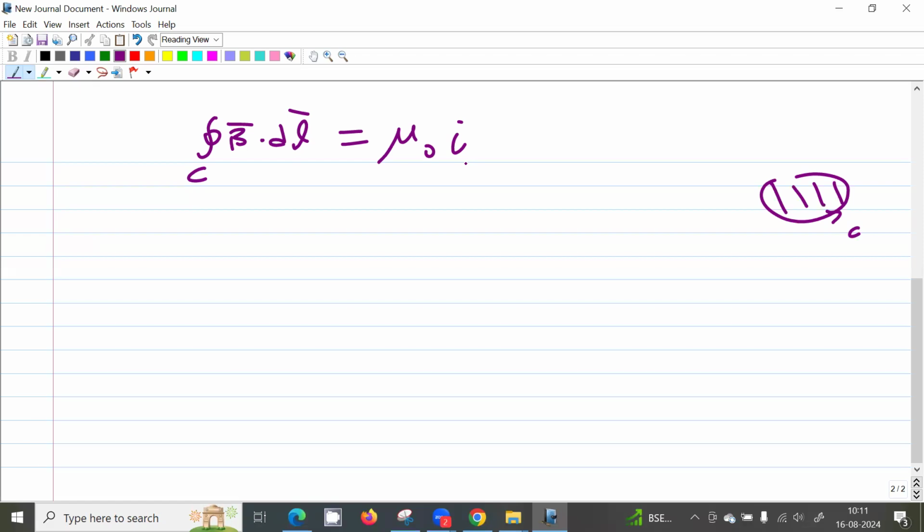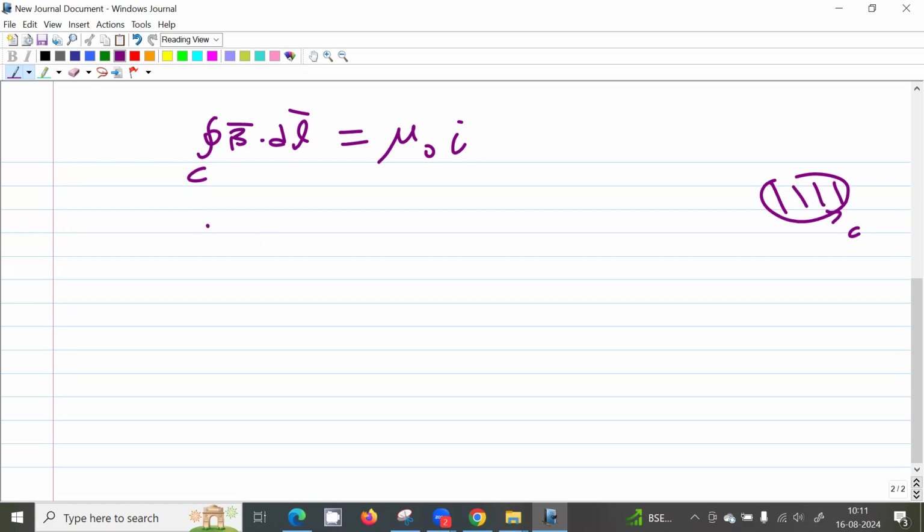So Ampere's circuital law: integral B dot dl around the closed path is equal to mu naught into the current enclosed within this. Once there is a contour, we have an area, and I is the current passing through this area.